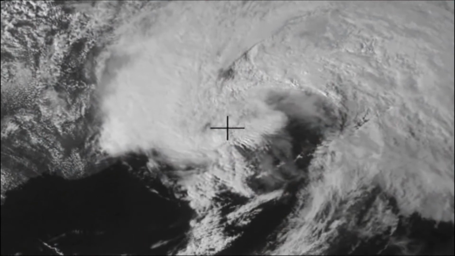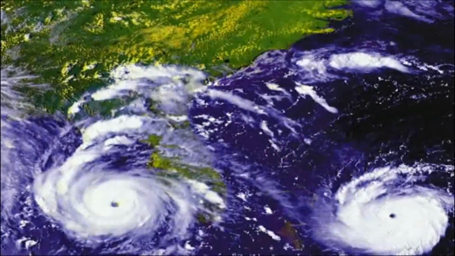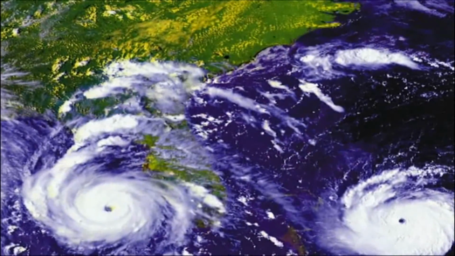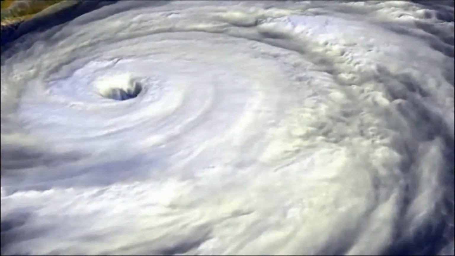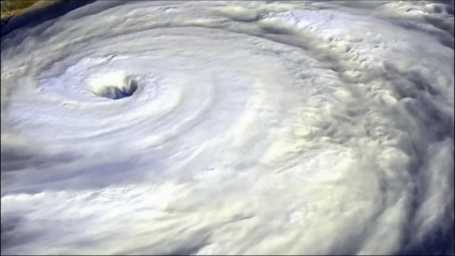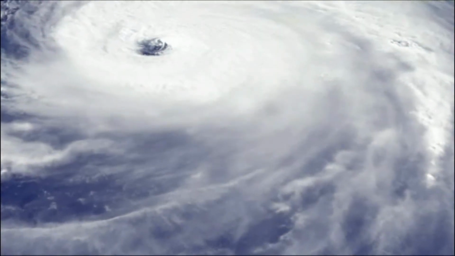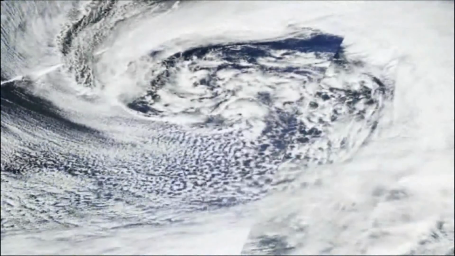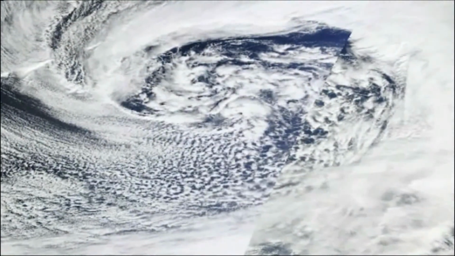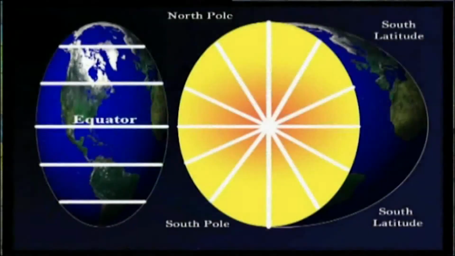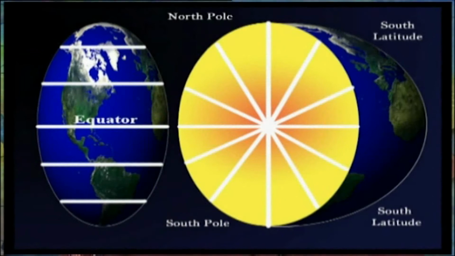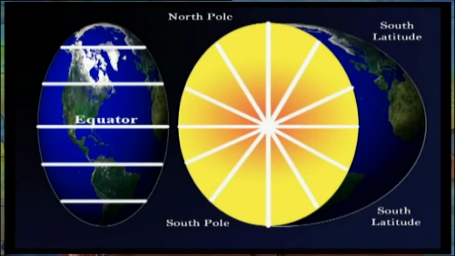Cyclones and anticyclones. We usually associate cyclones with large storms which occur in the tropics and may move north into the temperate zones in the form of hurricanes or typhoons. However, cyclones occur at any latitude and in any climate. Those that originate within 30 degrees of the equator are tropical cyclones.